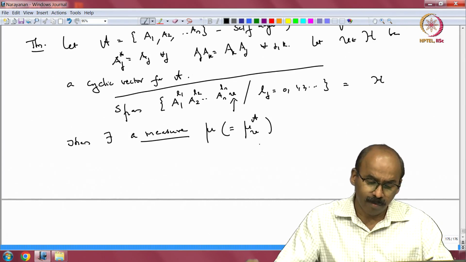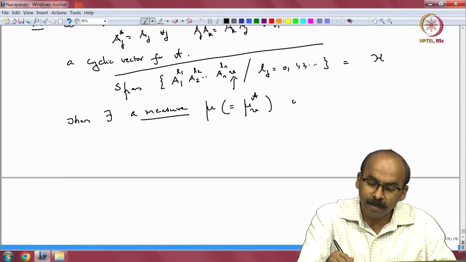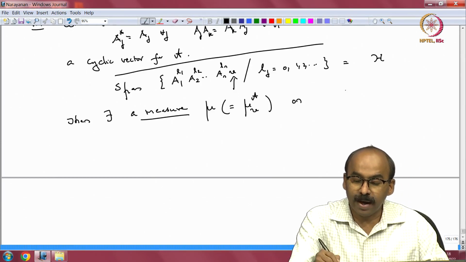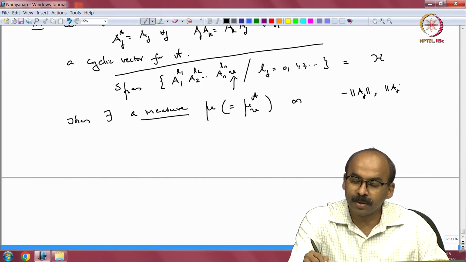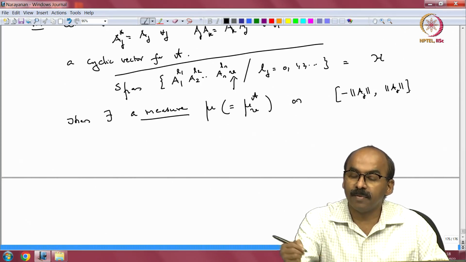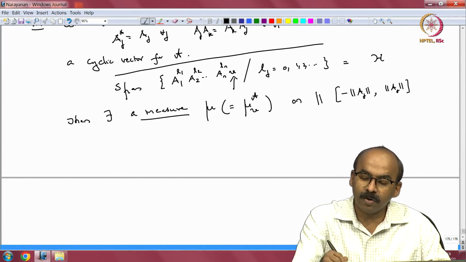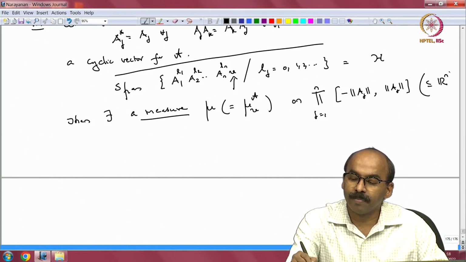It will be clear what we are doing. So, there exists a measure mu on, and I should tell you where, the interval [-norm Aj, norm Aj], a closed interval in the real line. You look at the product of these intervals, j equal to 1 to n, sitting inside Rn.